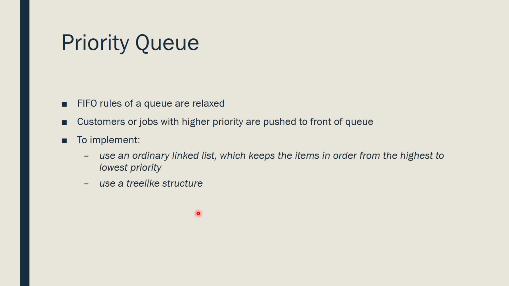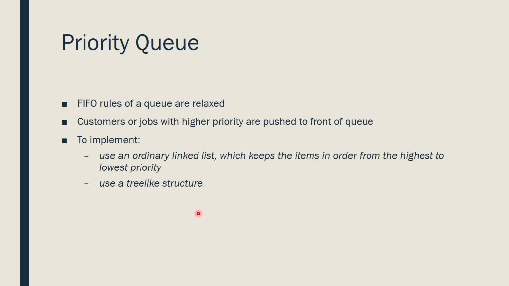Same as when you are falling in line at a cashier, waiting to be entertained by the salesman, and here comes a senior citizen, who needs to be prioritized, something like that. The priority queue will be used for customers or jobs with higher priority that are pushed to the front of the queue.